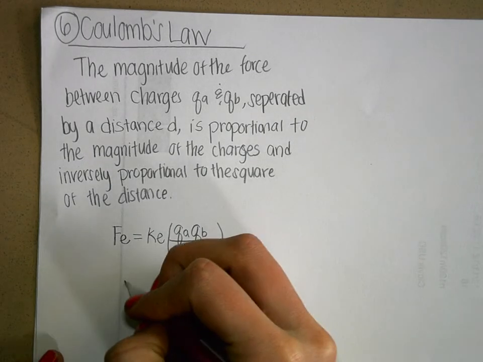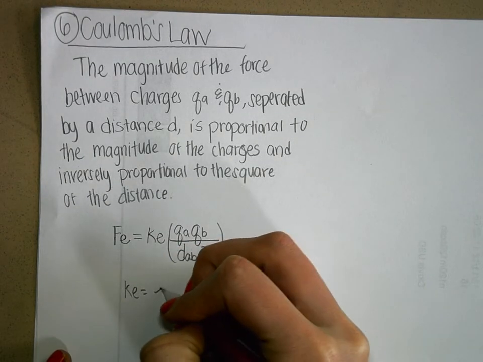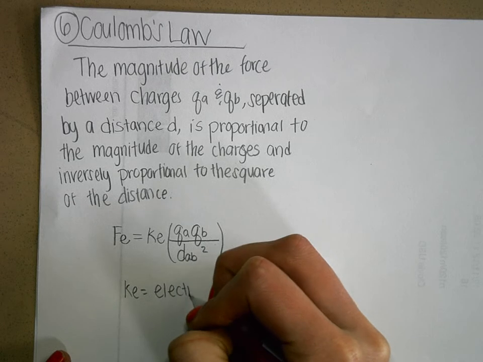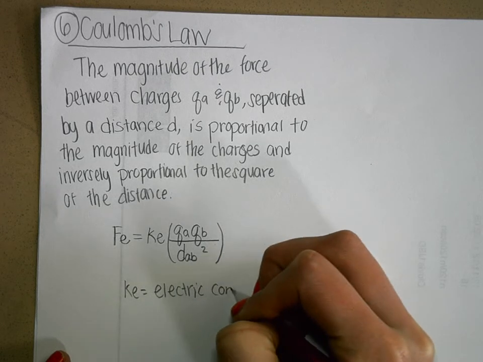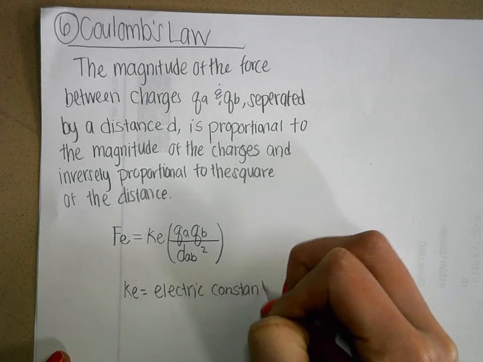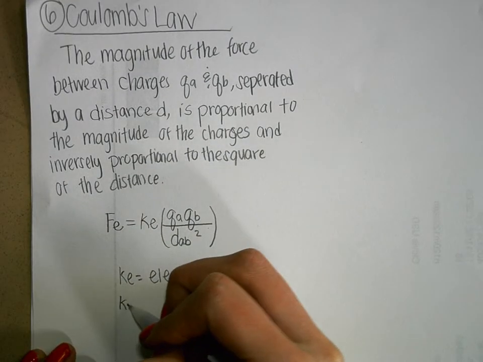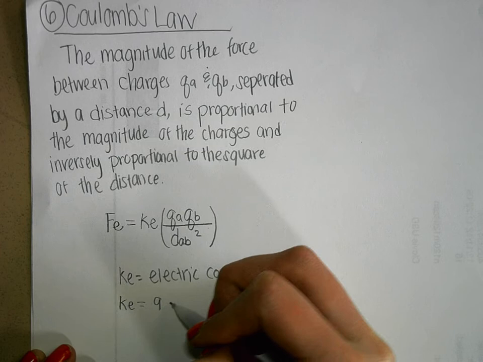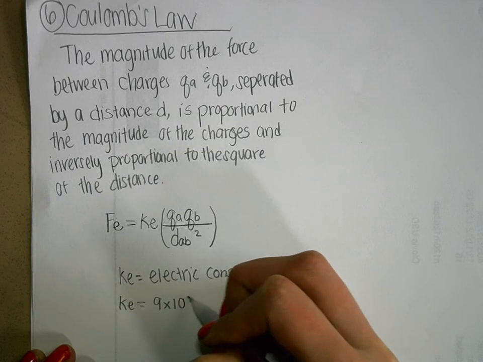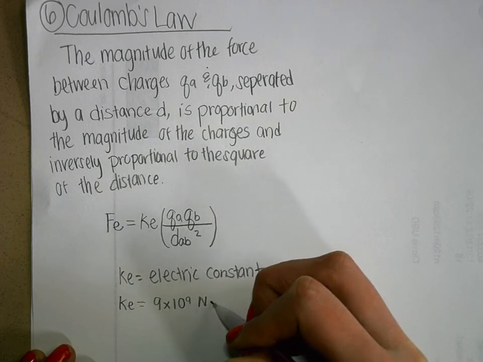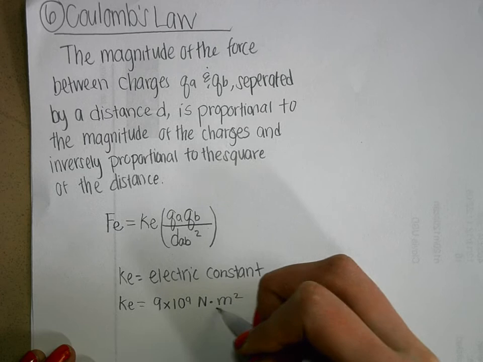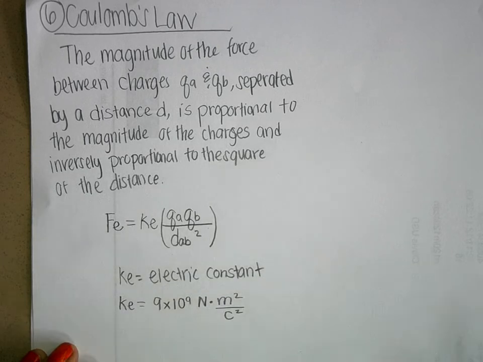So Ke, this is just the electric constant. And it's a constant of nature, so that means it never changes. And this value, we'll give you this on a test. It's 9 times 10 to the 9th newtons meter squared per coulomb squared.